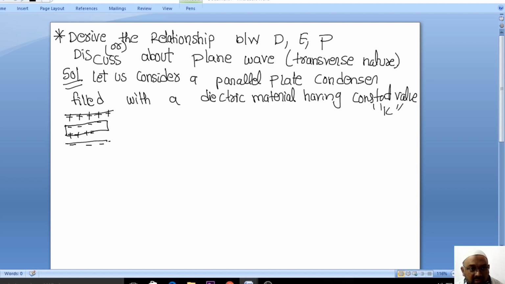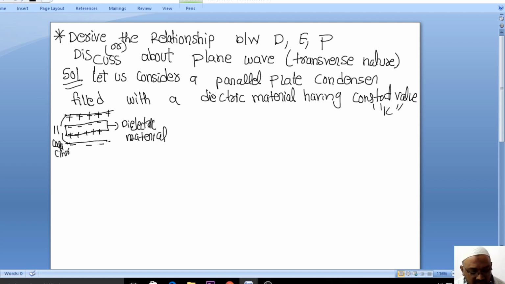Very simple to understand, right? This is the dielectric material having the value k, and these are the parallel plates. We say that it is a parallel plate capacitor. Understood, everybody?